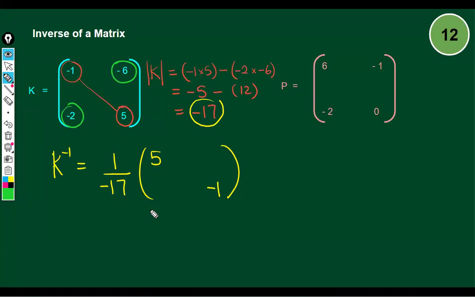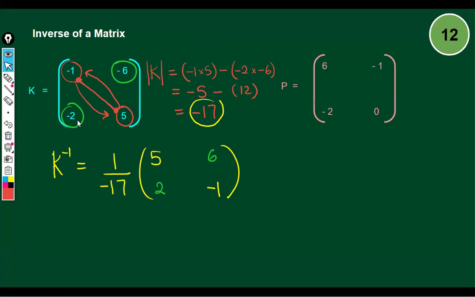You don't move them. You just make each one the opposite. So the opposite of minus 2 is positive 2. The opposite of minus 6 is positive 6. How many people got everything correct without my help? If you didn't, look for your mistakes.